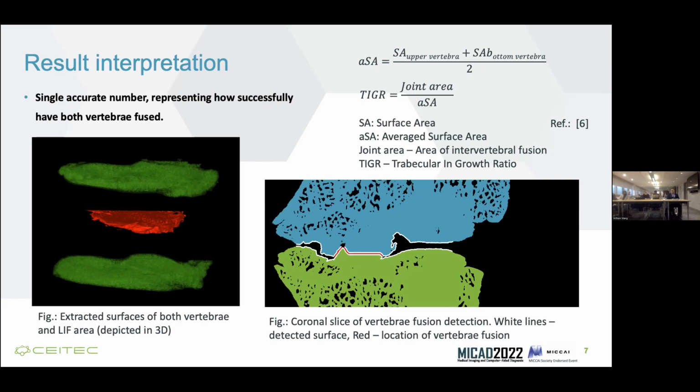The red here means how successfully those two vertebrae fused, divided by the location where the vertebrae could have fused but actually did not. And this gives just one number representing the ratio of the fusion.